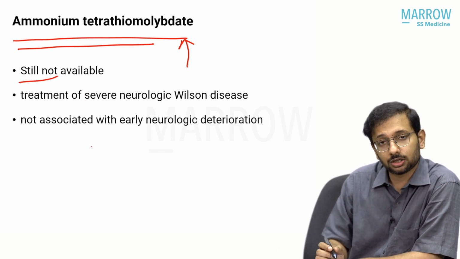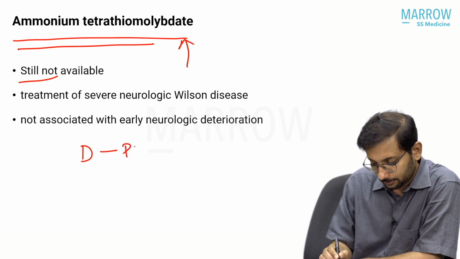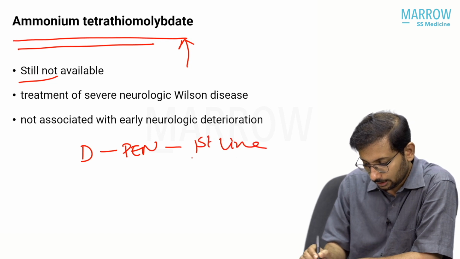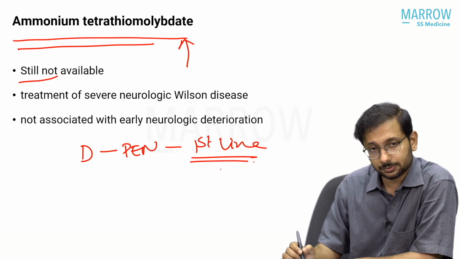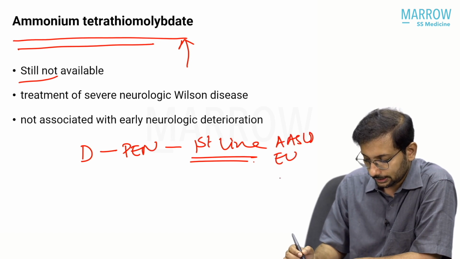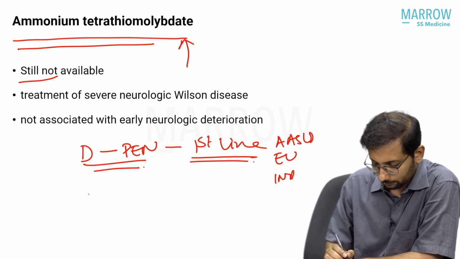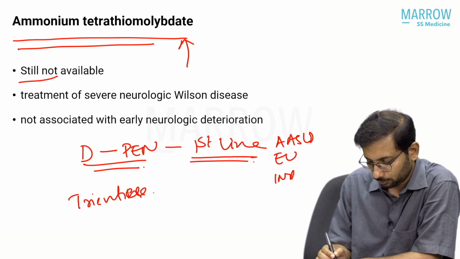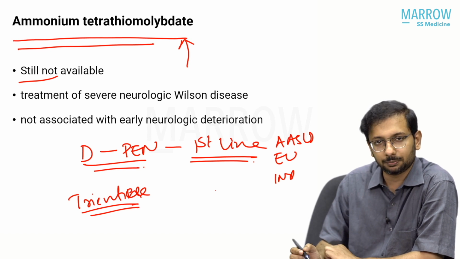So based on Wilson's disease treatment, you have 4 main drugs. D-pen right now is first line. This first line is there in multiple societies, AASLD, American Society, European guidelines, even Indian guidelines. D-penicillamine is the first line. However, trientine, because of its side effect profile, is coming up and trying to replace D-penicillamine.